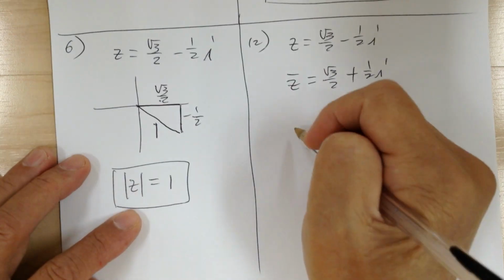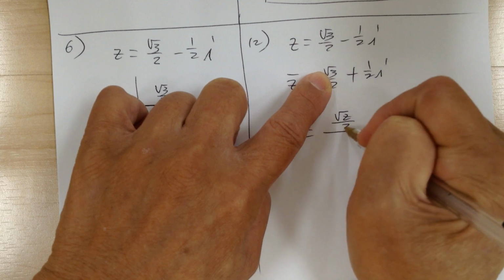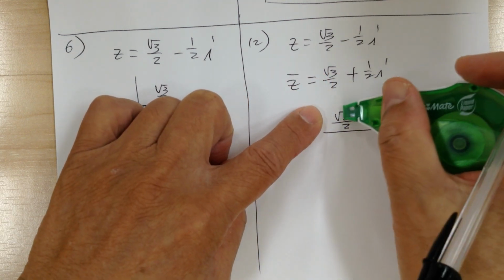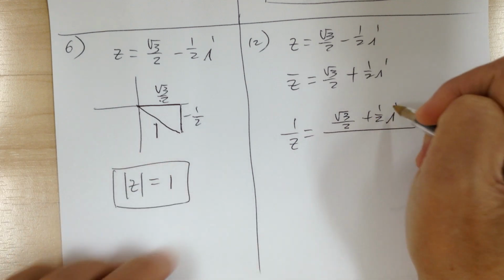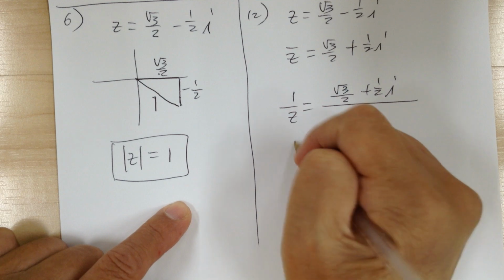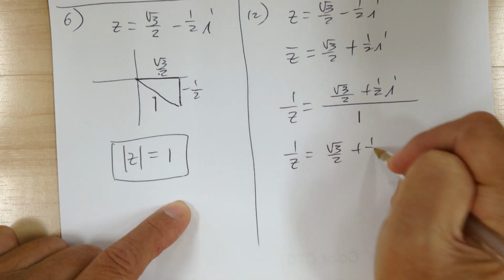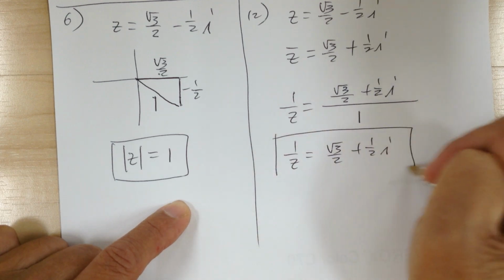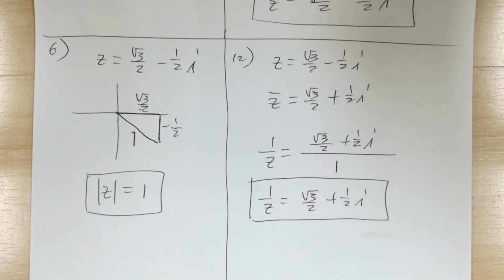So 1 over z will equal the z conjugate divided by the absolute value of z squared, which would be 1. So 1 over z will equal square root of 3 over 2 plus 1/2 i. And that's it.